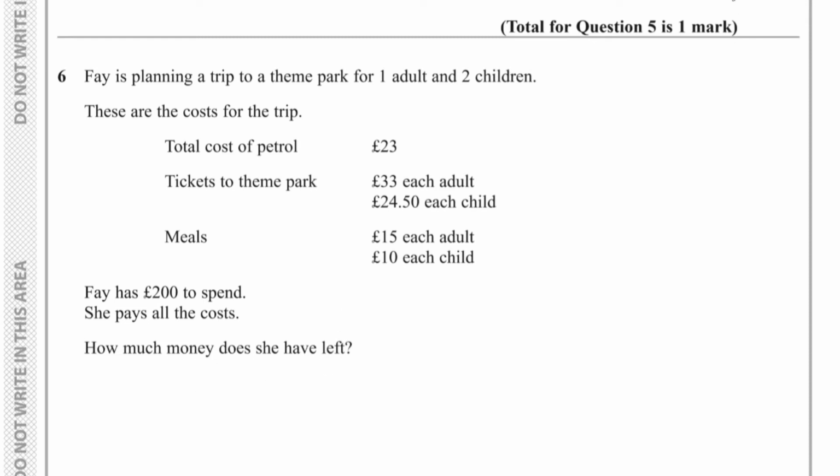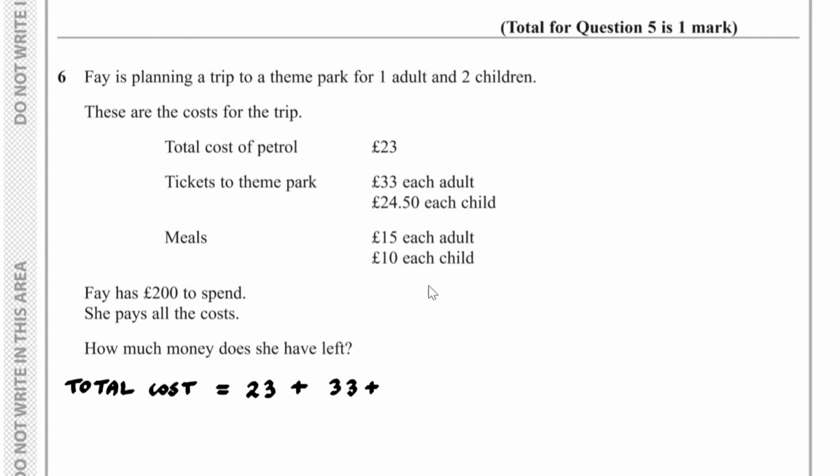Well, what we can do, first of all, for the total cost, we've got £23 for the petrol, and then for the tickets to the theme park, we've got 1 adult, so that is £33, and then we add on 2 times 24.50, because we've got 2 children.